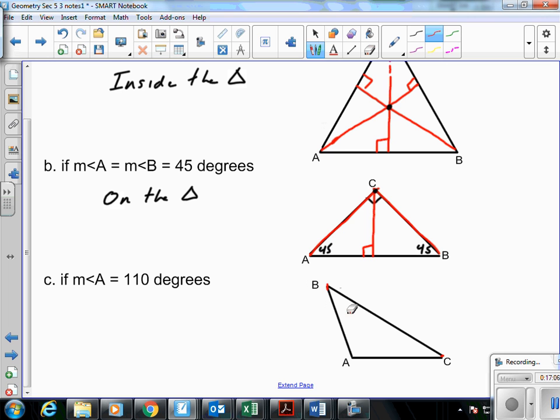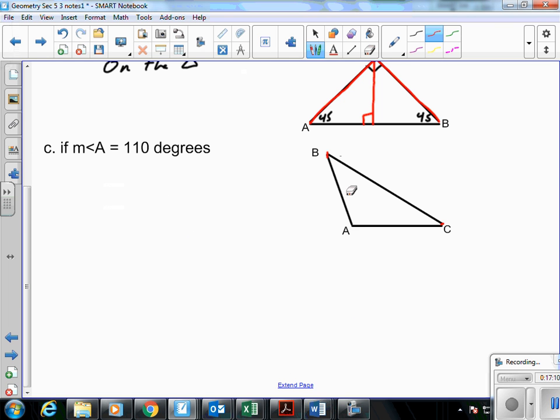And then with this triangle BAC, if the measure of angle A equals 110 degrees, so we got an obtuse angle right here, right? And so we should be able to go from side A straight across to side BC and hit it at a right angle.